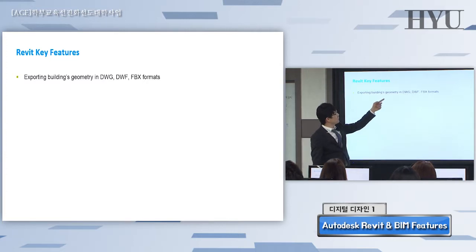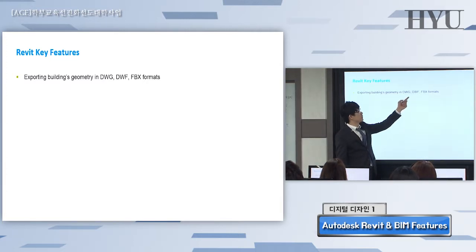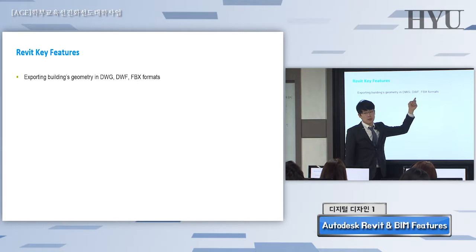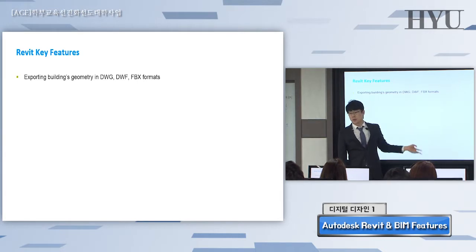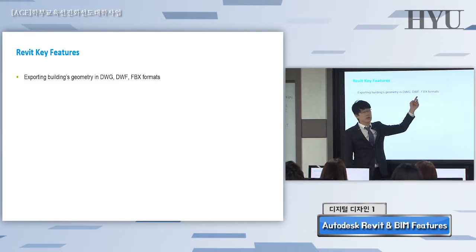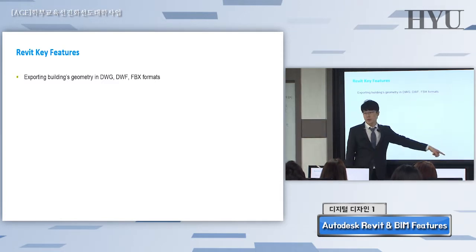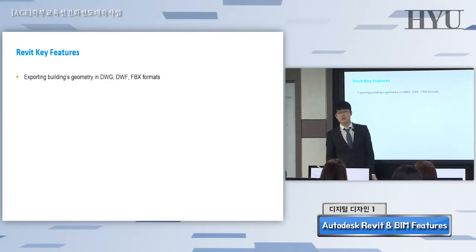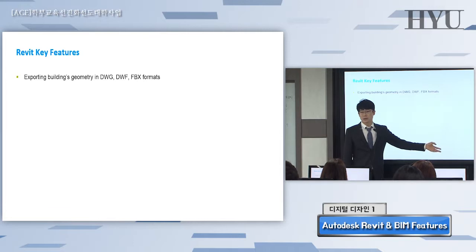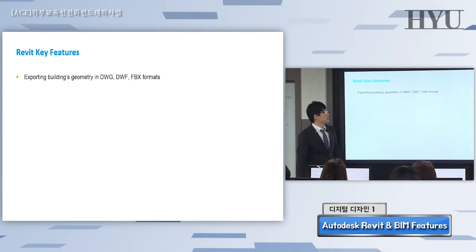Simply export the file in DWG, DWF, FBX, or many more file formats. FBX is good for Autodesk materials. Your materials are all contained in the FBX format. When you open an FBX file in 3D Max, which is one of our lab exercises later, you go from Revit to 3D Max and simply visualize your objects.